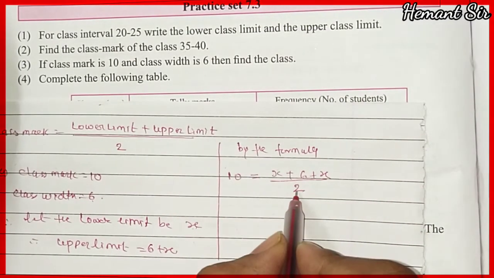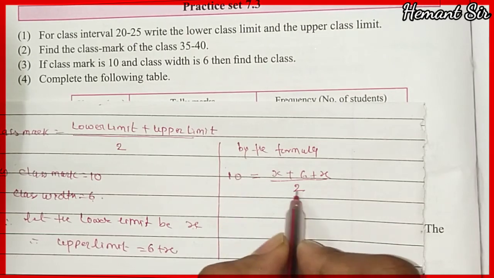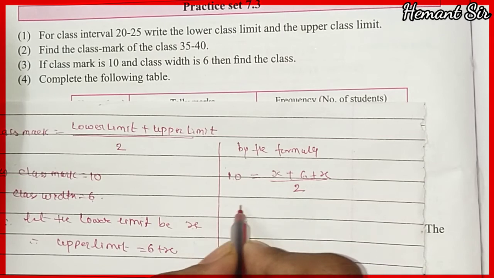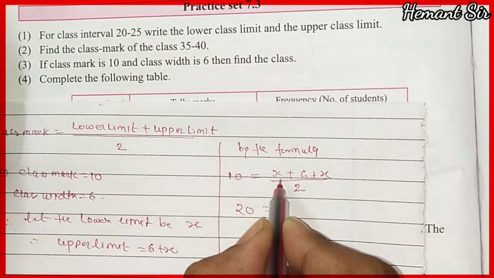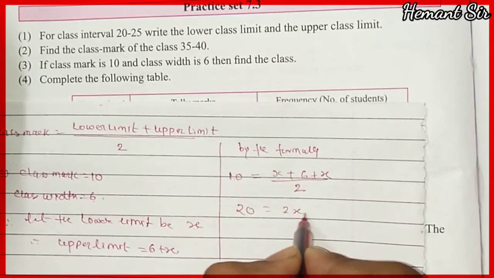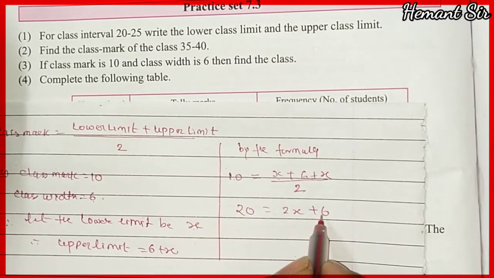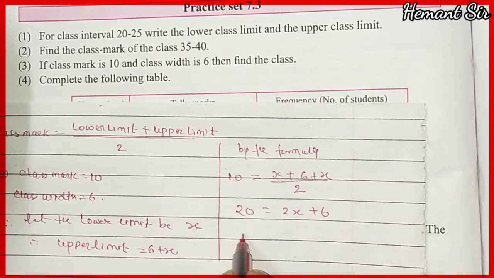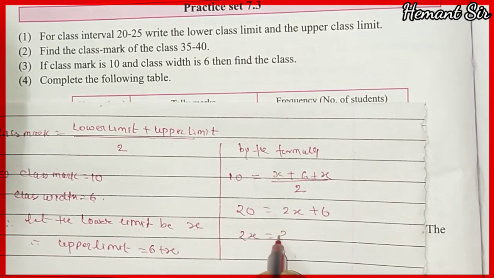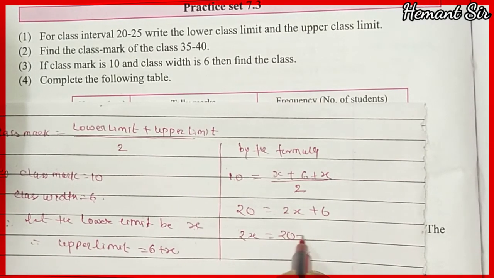We transfer the 2 to the other side, so 10 into 2 will become 20. So 20 equals x plus x is 2x, plus 6.